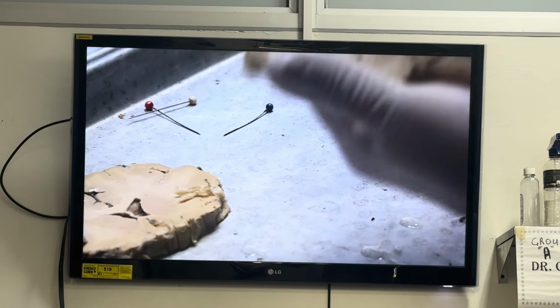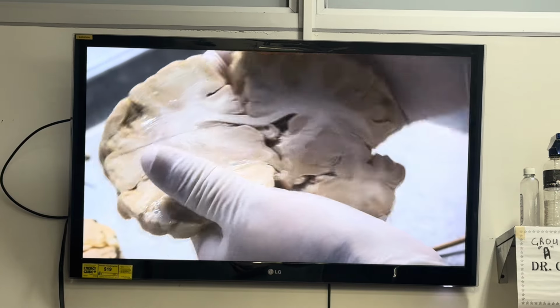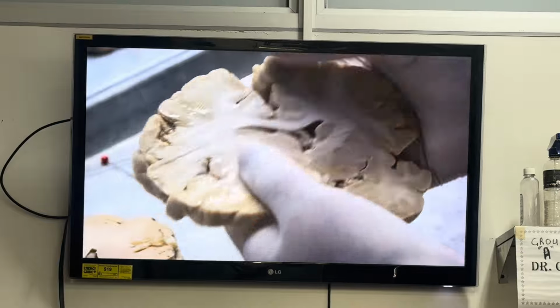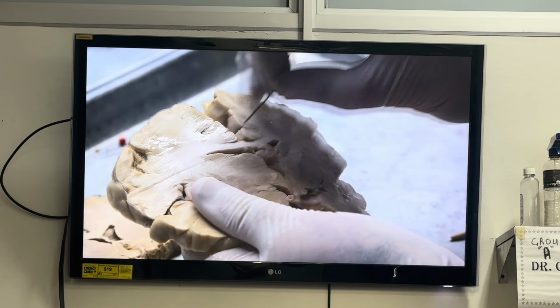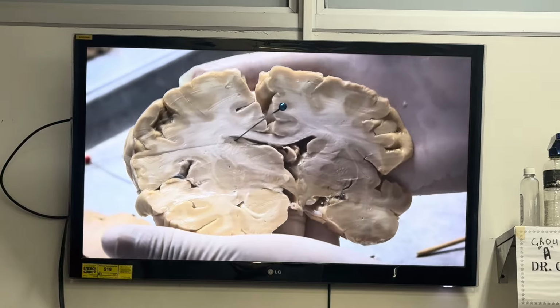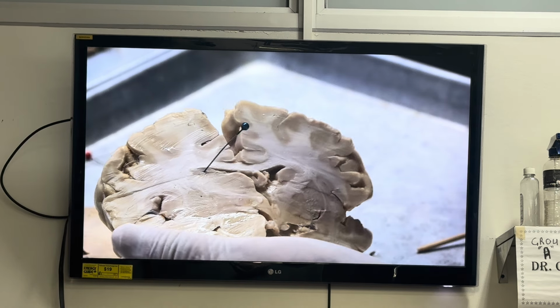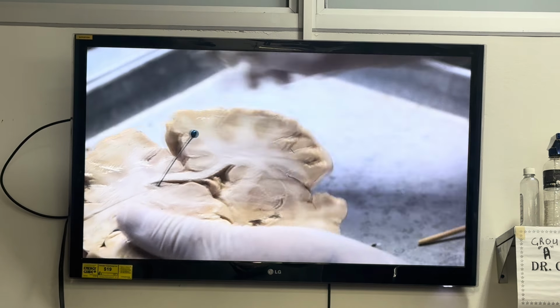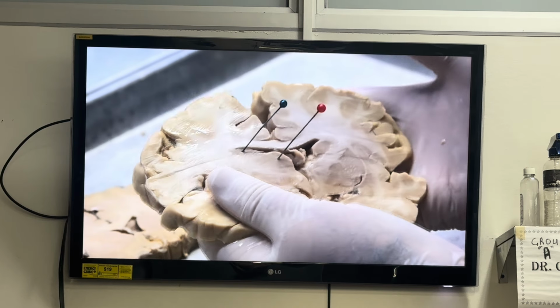Progressively, you see that the head of the caudate is getting smaller, and what is appearing here, the section being a bit oblique, will be your thalamus.